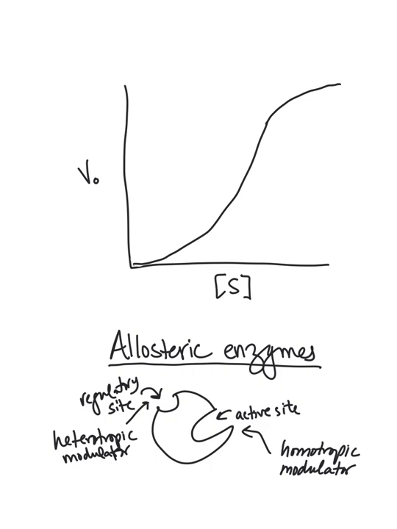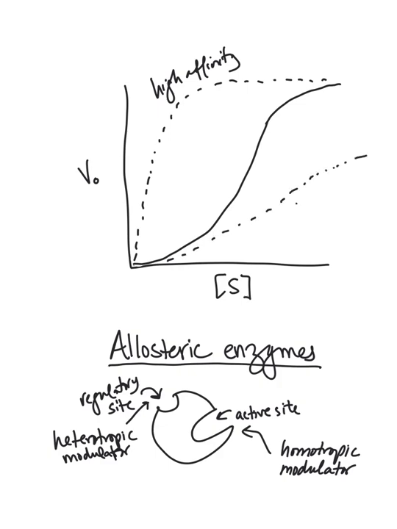This is really reminiscent of another relationship we looked at earlier in the quarter, which is hemoglobin. And that's because the same concepts are coming into play. For an allosteric enzyme, you have a version that's high affinity. And I should say you might have several versions. If you have multiple subunits, then you'll have more lines. And we'll talk about that with the next graph. But then we're just talking broadly here. If we're talking about having two states, you could be high affinity or low affinity. And remember we talked about hemoglobin.